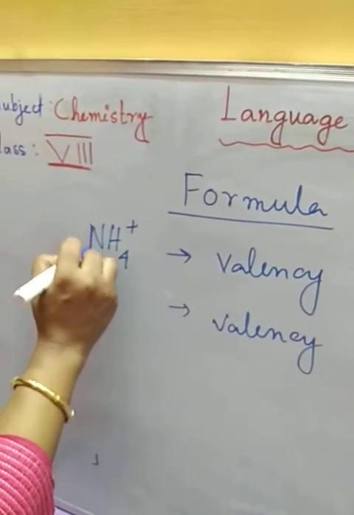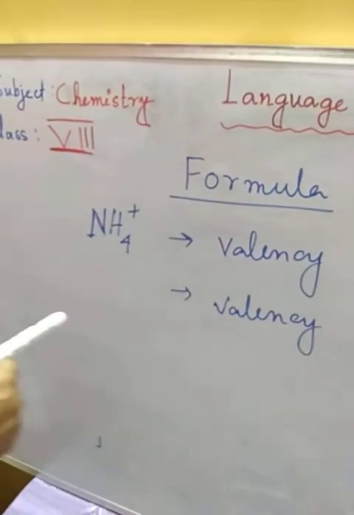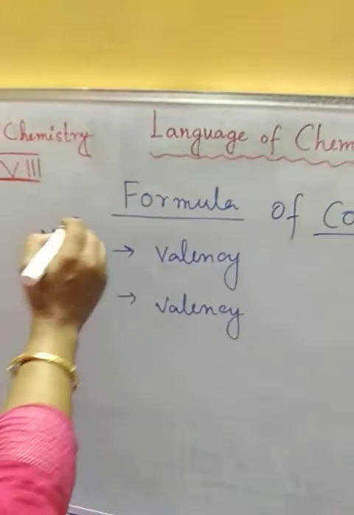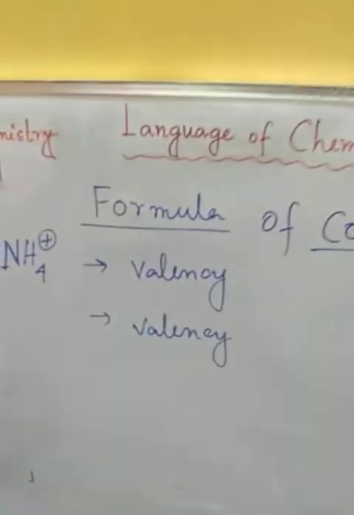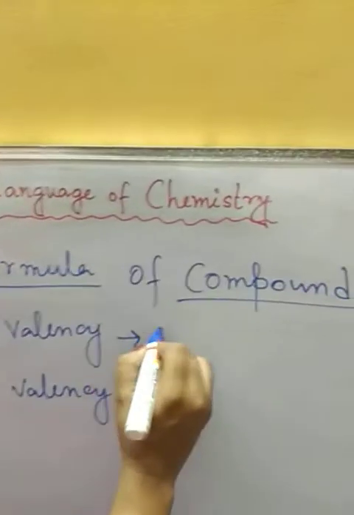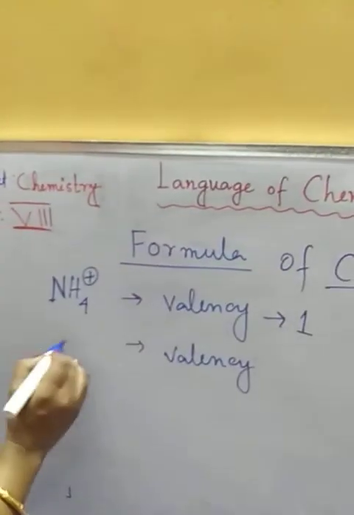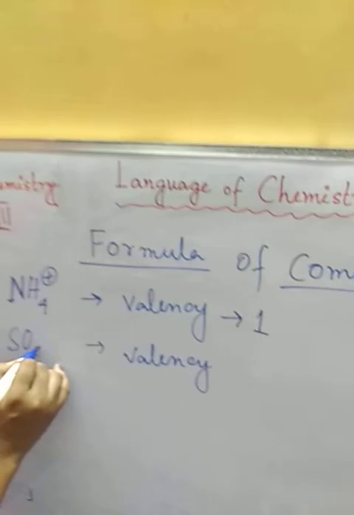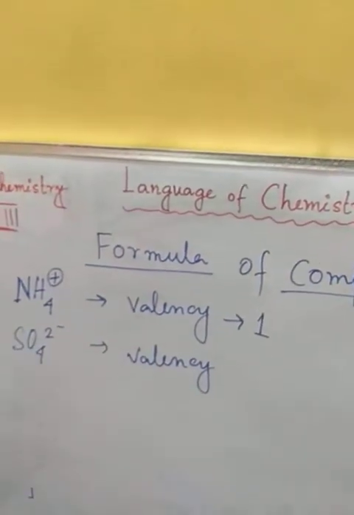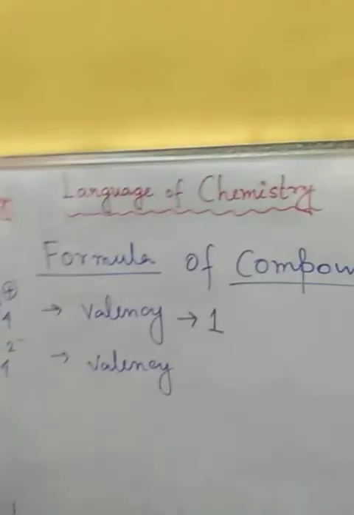This is another compound radical where 4 hydrogen atoms and 1 nitrogen atom are present, bearing 1 positive charge. Its valency is 1, as only a single positive charge is here, and this is sulfate, SO4 2 minus, where 1 sulfur and 4 oxygen atoms are present. So this is sulfate and this is ammonium.